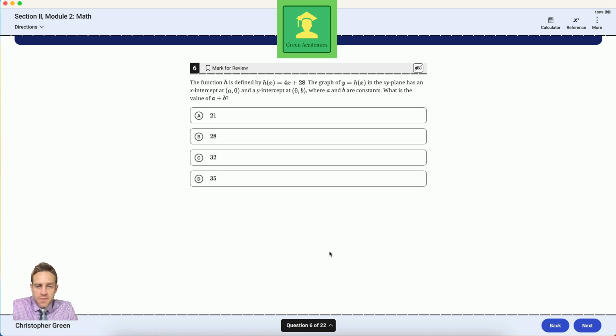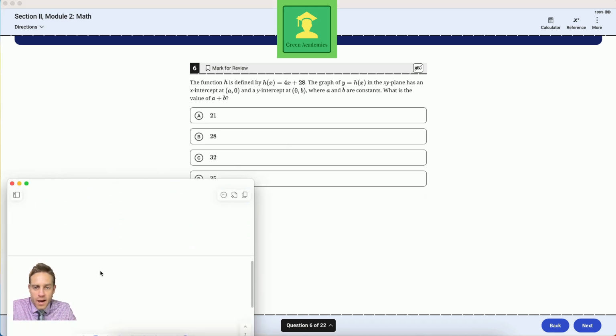The function h is defined by that. The graph of y equals h of x in the xy-plane has an x-intercept at a comma 0 and a y-intercept at 0 comma b. So an x-intercept at a comma 0, as in h of a equals 0. So 0 is what you get as the output when you do 4a plus 28. So 4a is negative 28. So a itself is negative 7. And then separately, a y-intercept at 0 comma b.